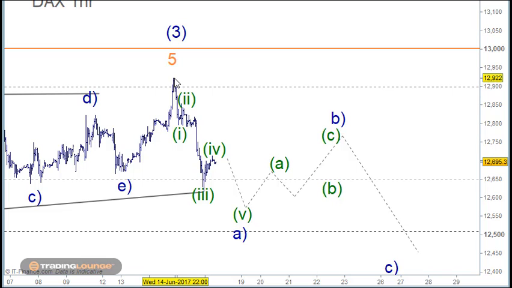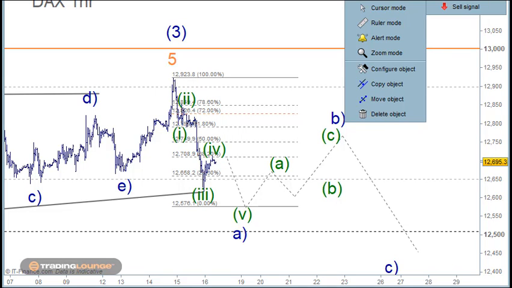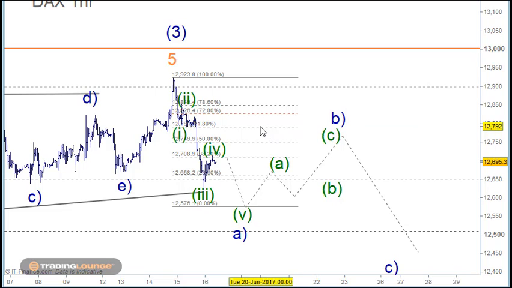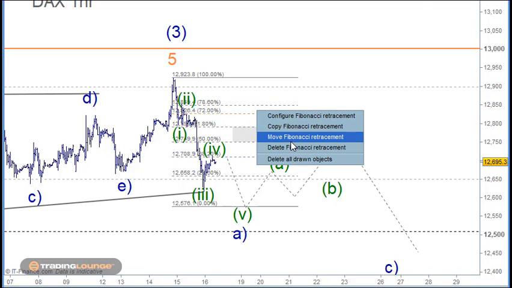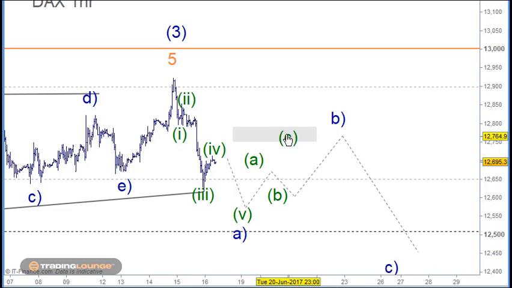So if I just draw this out a little bit, if we look at coming down to this sort of space, you can adjust this, of course, you'll need to do that. And the 50-60% retracement level will be in here, so that's where it can come back to.